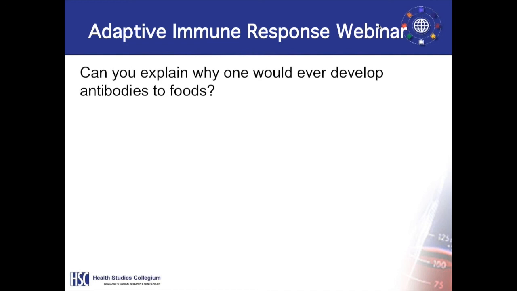It doesn't matter. They're both foreign, and the immune system will respond against them. So glad you're asking the question about how or why would you develop an antibody to foods? But since 3/4 of the antibodies are helpful, 3/4 of the antibodies are neutralizing, 3/4 of the antibodies protect you in case you get exposed to a little bit of that food, it's actually a smart thing for a healthy body to be able to develop neutralizing antibodies to foods.